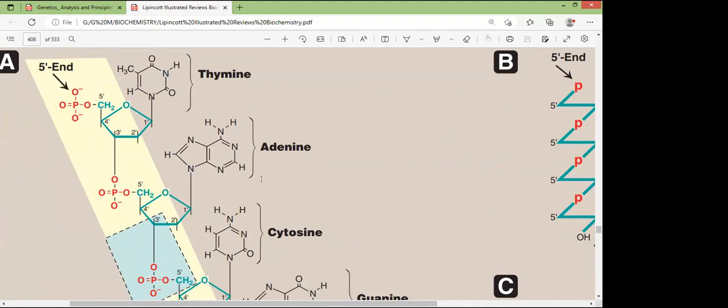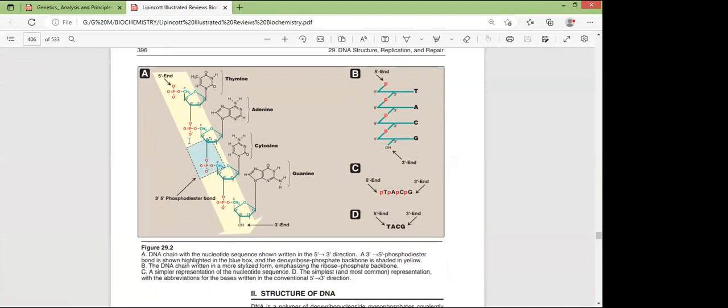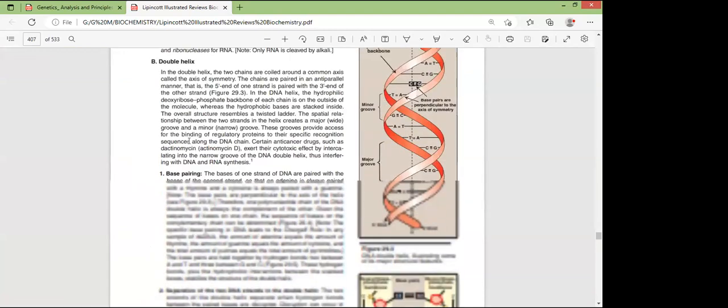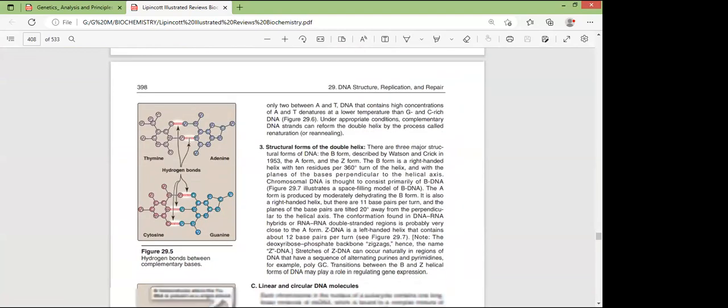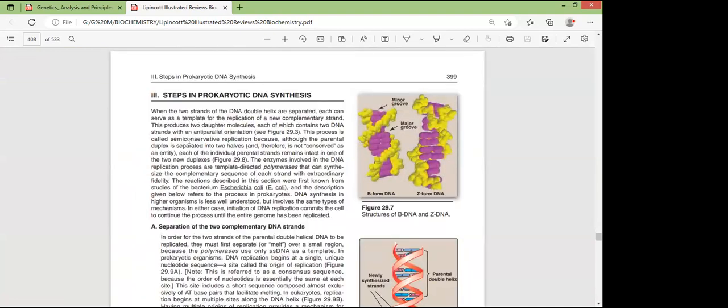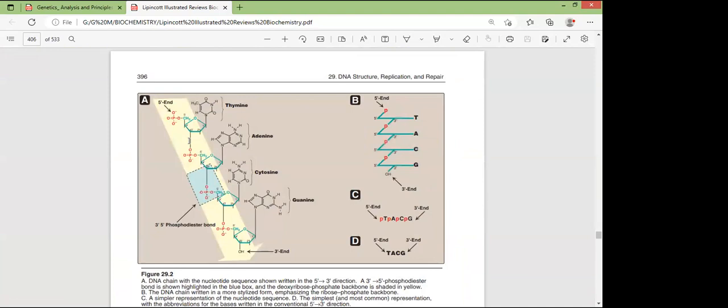Now, nucleic acids, I don't know if it was covered, we have the purines and the pyrimidines. For purines, we have adenine and guanine. Then all the others are the pyrimidines. Just remember that. Purines is just adenine and guanine. All the others are pyrimidines.